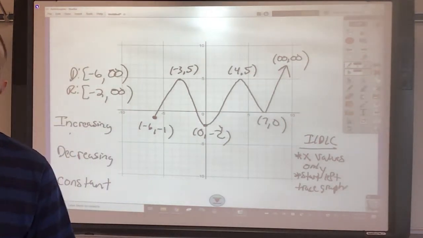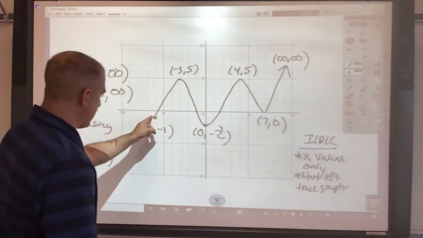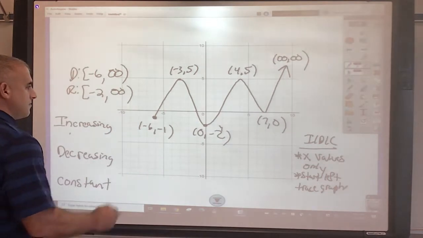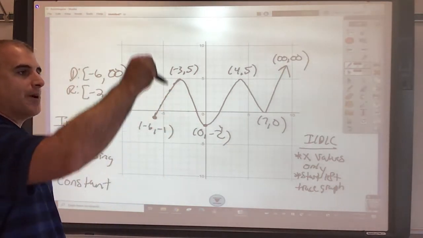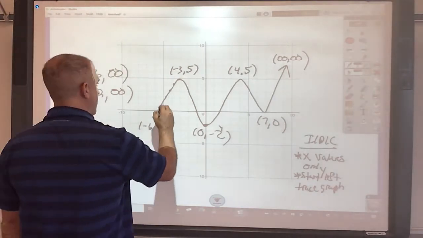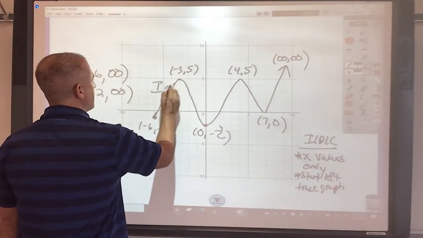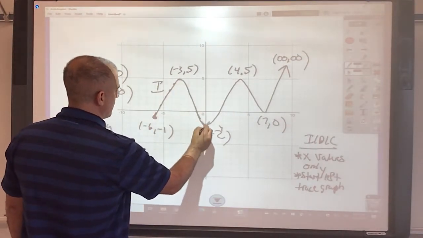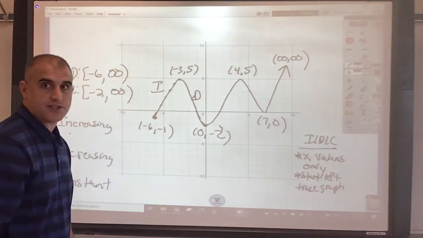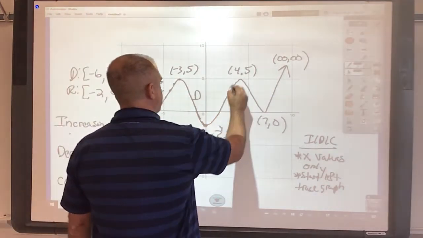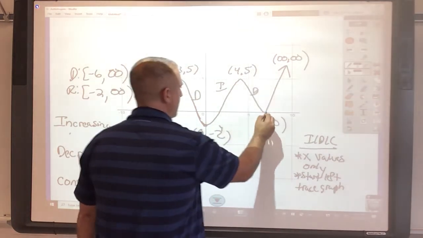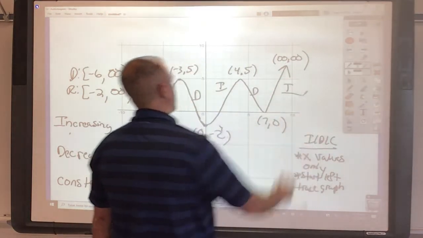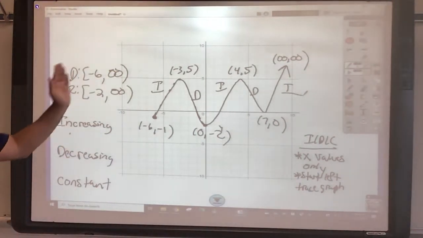So we're going to start from the furthest left point, which was here. And I'm going to trace the graph. If I feel like my pen is going up, that's an increase. So this is increasing. Then I get to here, and this falls like that. That's a decrease. Okay? Then I go up like this. That's an increase. Then I go down here. That's a decrease. And then I finish through here. That's an increase. Okay? Always start left to right.